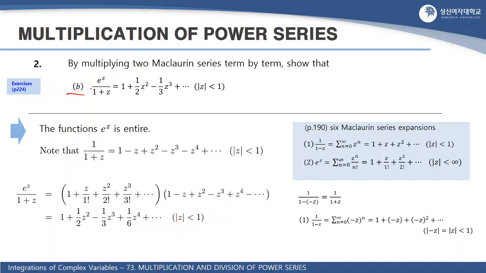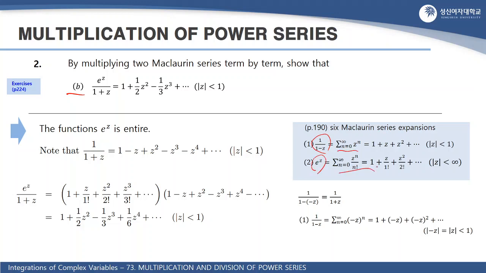So now move to the second problem, e to the g divided by 1 plus g. In quite a similar way, we can expand this function by using the Maclaurin series. First is 1 over 1 negative g and e to the g.